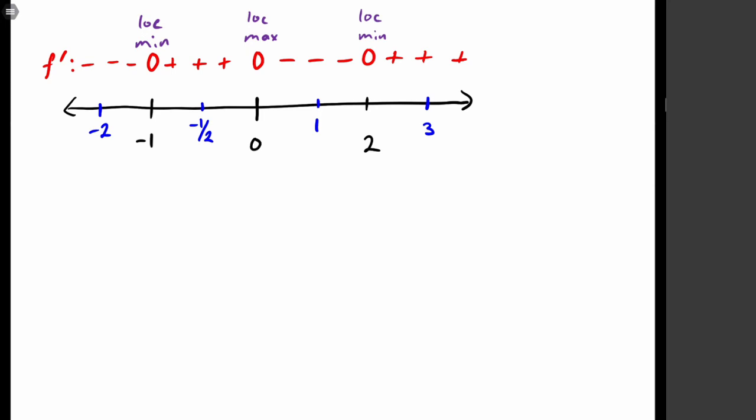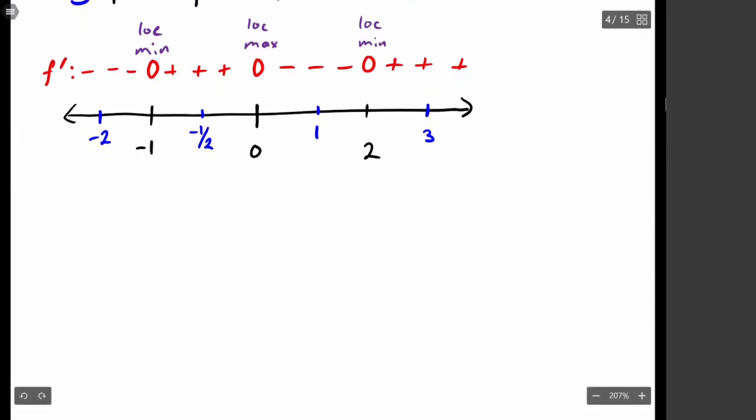The local minimum value or local maximum value is plugging this into the function. Okay? So to keep life a little simple here, actually, we'll plug in the values. So I'll just tell you what they are.